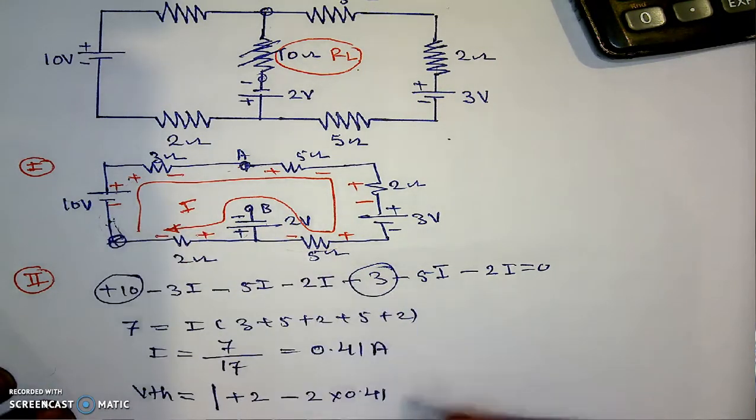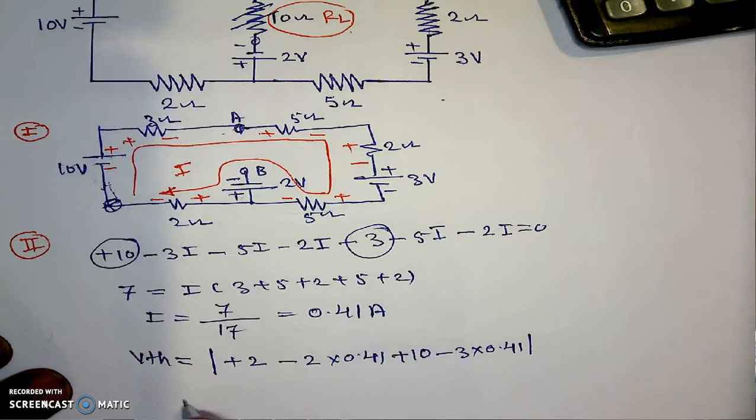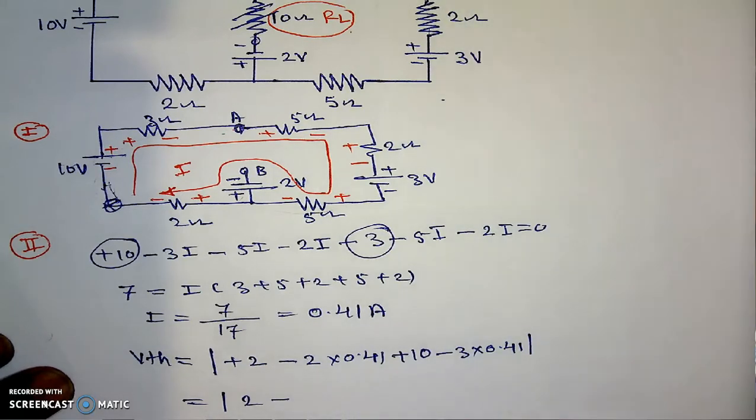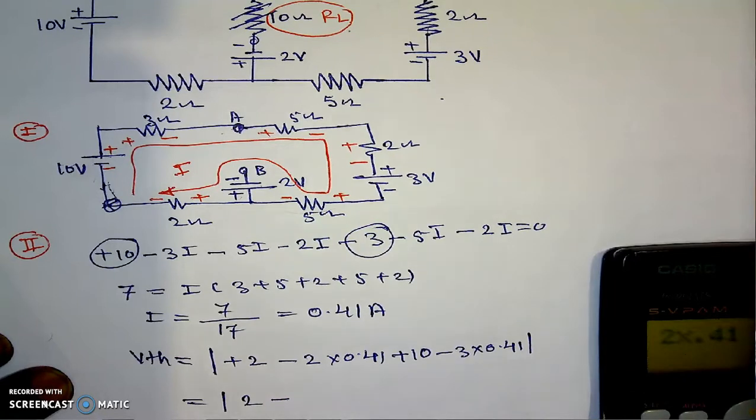Then negative to positive, which is plus, voltage is 10. Then positive to negative, it is minus 3 into its current 0.41. Then there is no element till the A point, which is very same as this is VTH. This is 2 minus 2 into 0.41, which is 0.82.